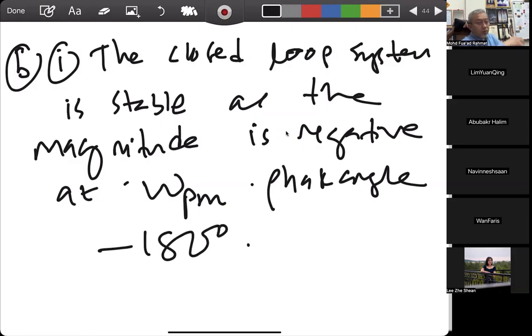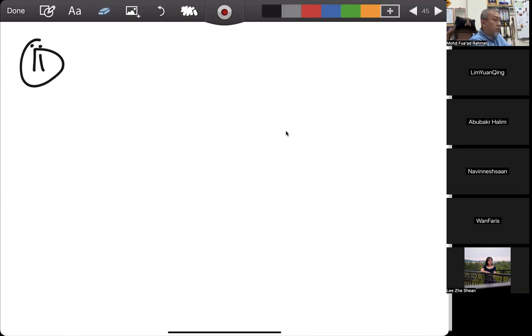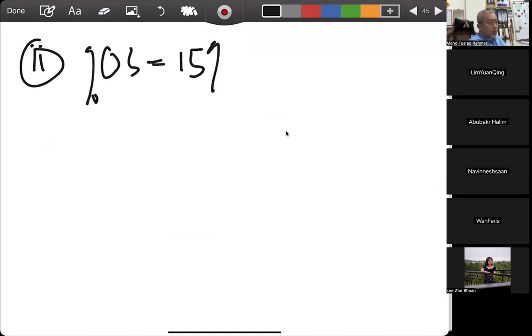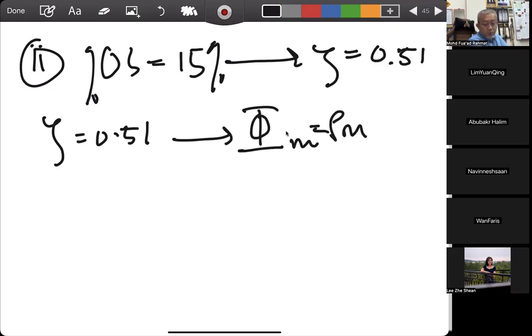Okay. So now we design the compensator, okay, which is OS 15%, which will give you zeta 0.51. Zeta 0.51 will give you phase margin 52 degrees.